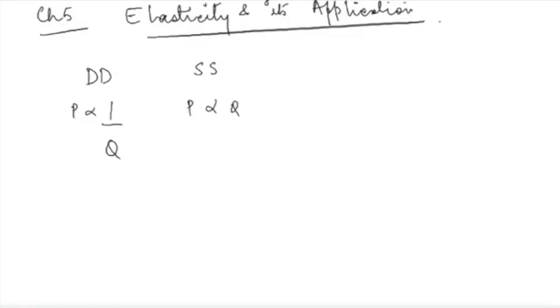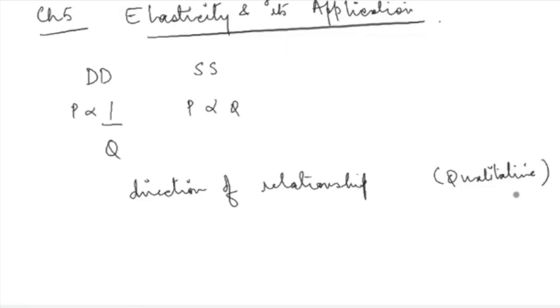Now, a lot of times you might be interested in looking at not just the direction of relationship, but the intensity of this relationship. So demand and supply curve tells you the direction of relationship. इसको हम बोलते हैं qualitative information, where you are looking at the direction of the relationship between prices and quantity.